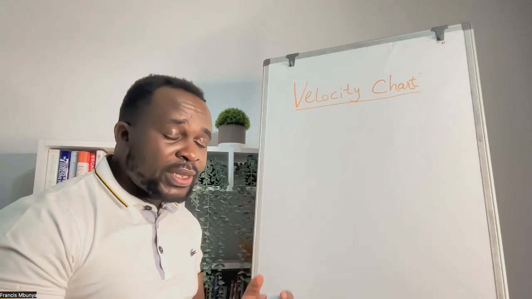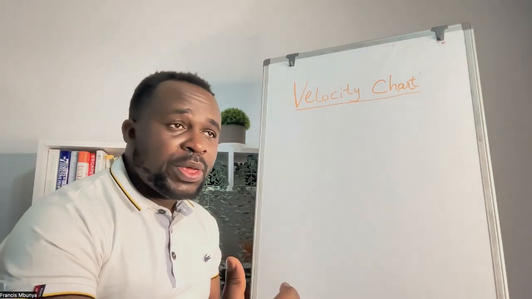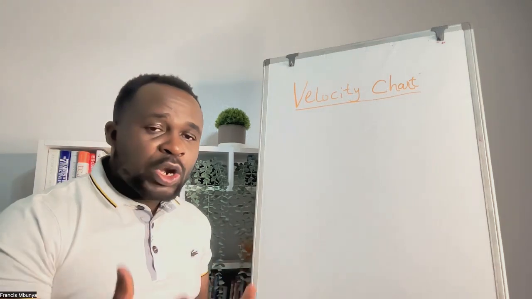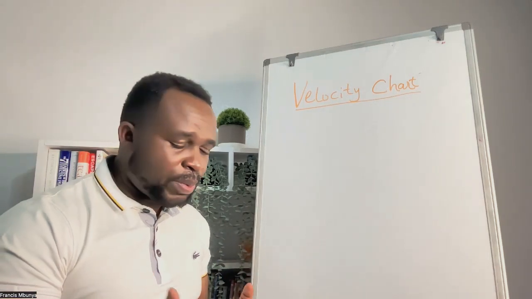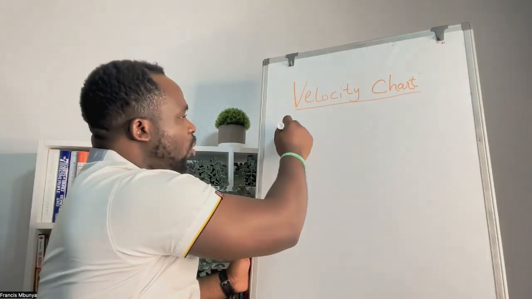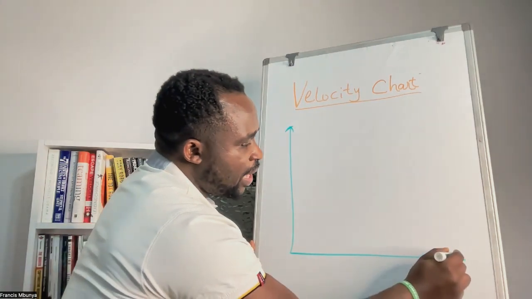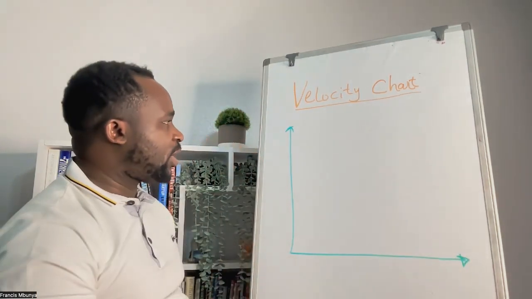If you have someone that's a bit slower, who just started driving, they can actually go below the 60 miles per hour. So when we talk about the velocity chart, it's more on the amount of work that your team is completing and how you read this chart.